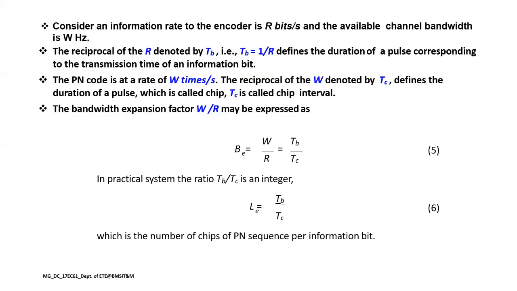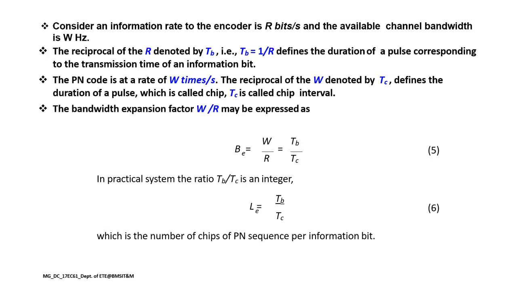Bit rate and bit duration are inversely proportional, right? So the reciprocal of R is the bit duration. So T_b will be equal to 1 by R. That defines the duration of the pulse corresponding to the transmission time of an information bit, right? So the pseudo-noise code is at a rate of W times per second. W is the channel bandwidth, right?